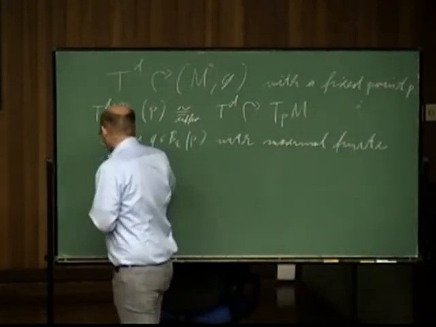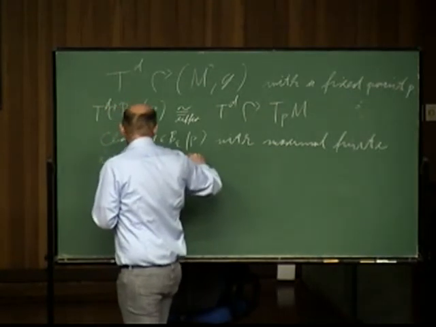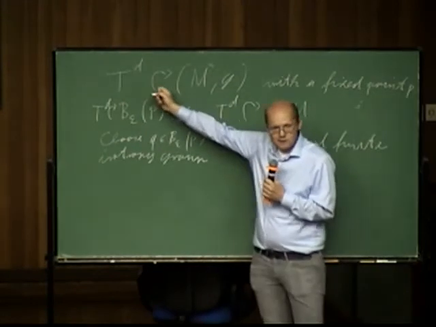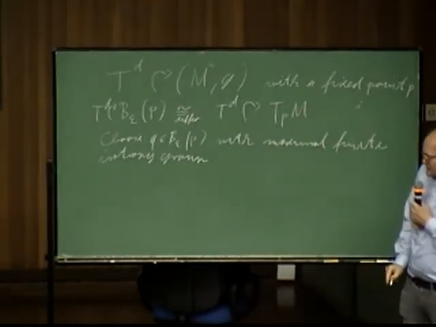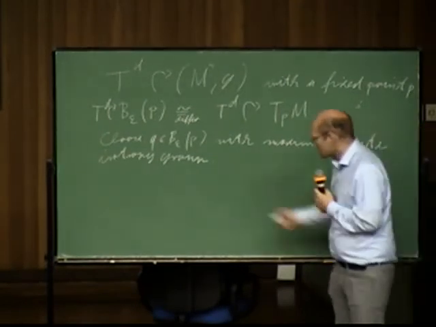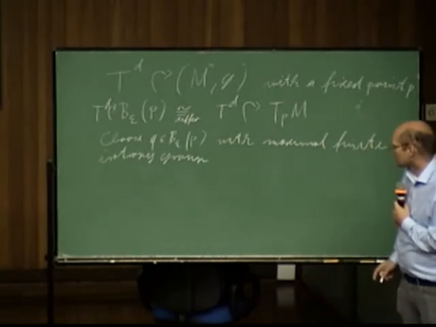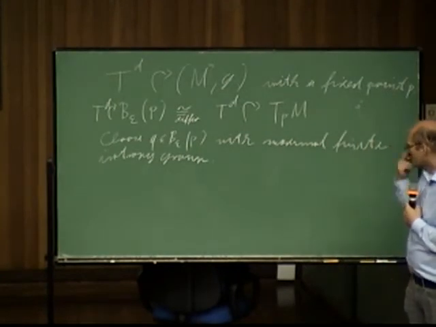So I should say, the principal isotropy group, if the action is effective, is always trivial. So the trivial group always occurs as an isotropy group, but in general, finite isotropy groups do cause problems. That's the moral of today's talk.